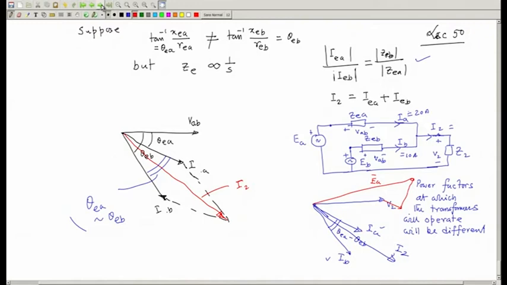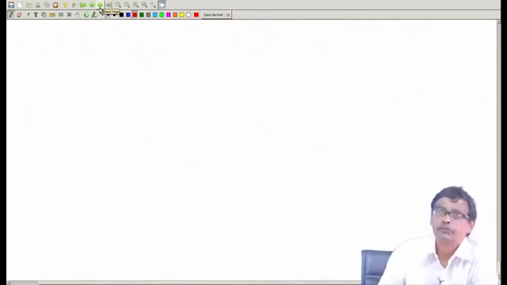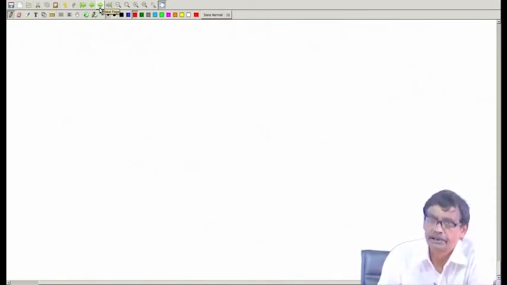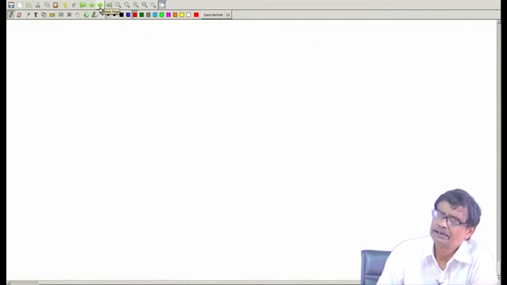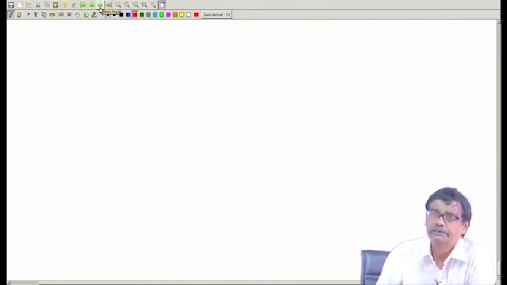Therefore, to summarize this, to operate two transformers in parallel successfully, voltage ratio should be same, leakage impedance should be inversely proportional to their KVAs, and try to also see that the qualities of the leakage impedances are same. That is the best thing.